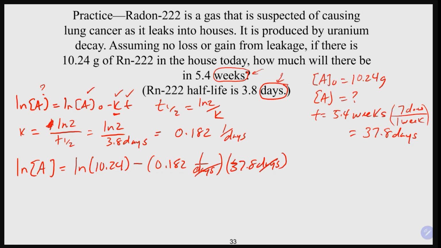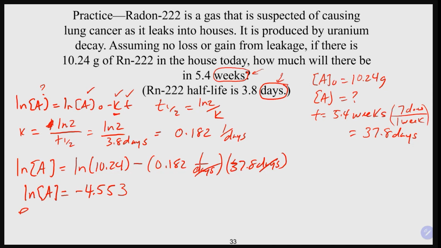This is why the units are important, so that everything cancels out correctly. Cleaning up the right-hand side: the natural log of 10.24 minus 0.182 times 37.8 gives us a natural log of A equal to minus 4.553.